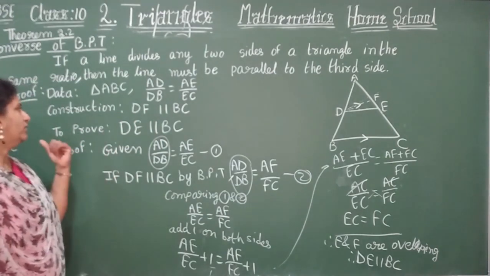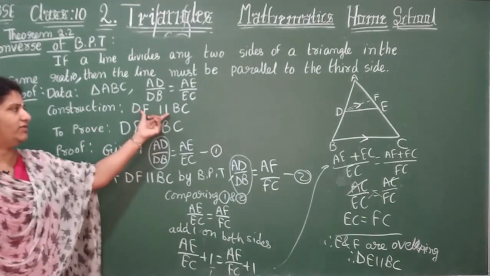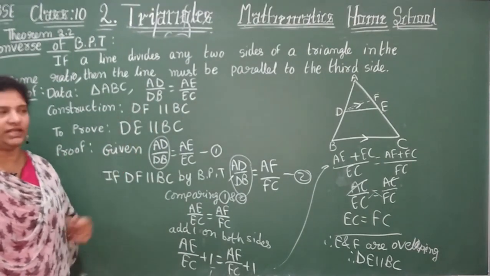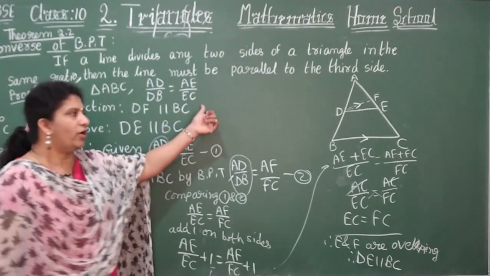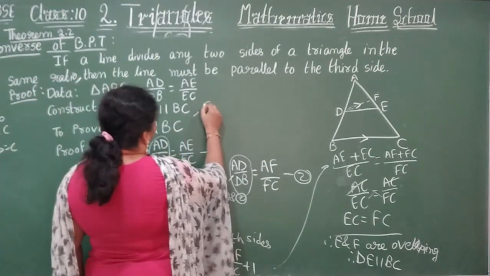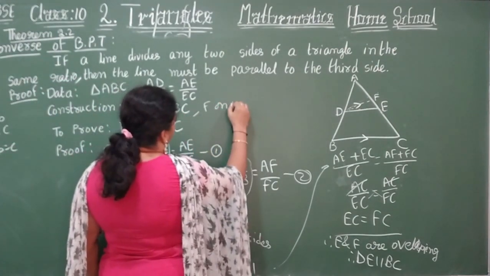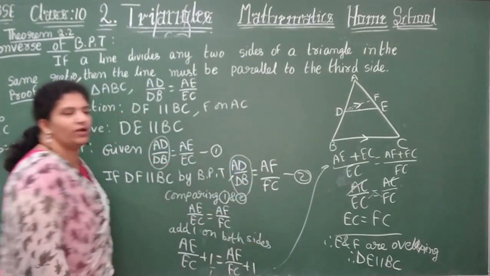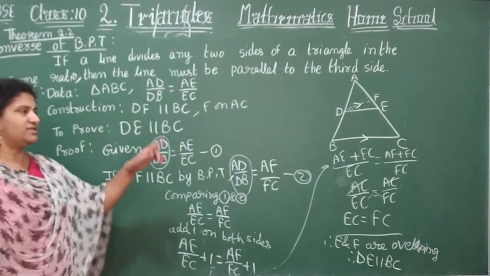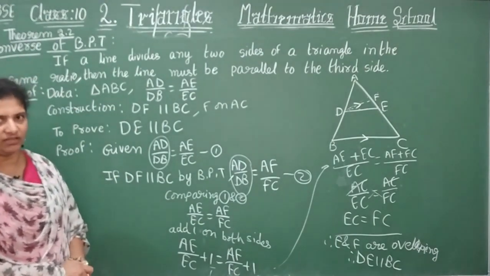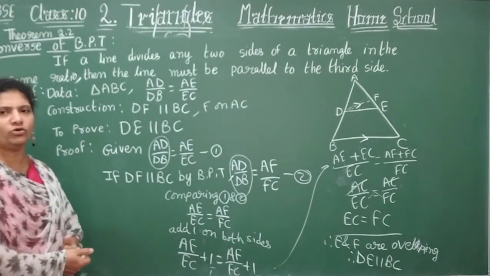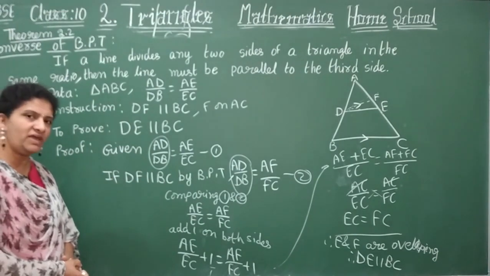So now, the construction: take a point F, mark a point F on AC anywhere such that DF is parallel to BC. You have done the construction. What to prove? DE is parallel to BC.